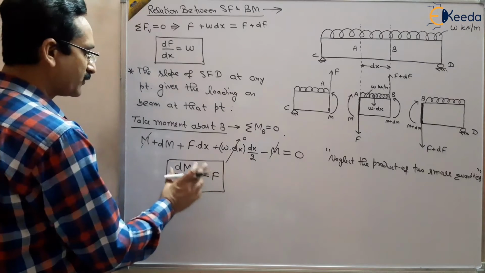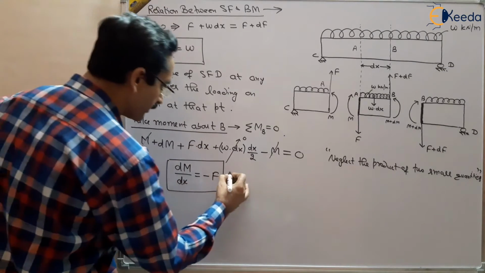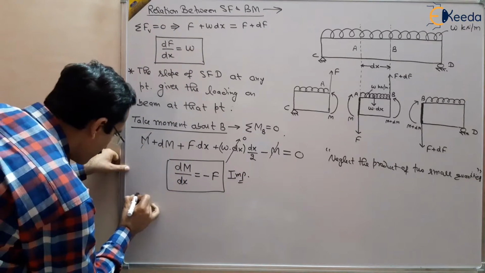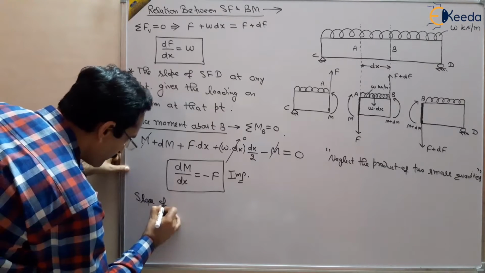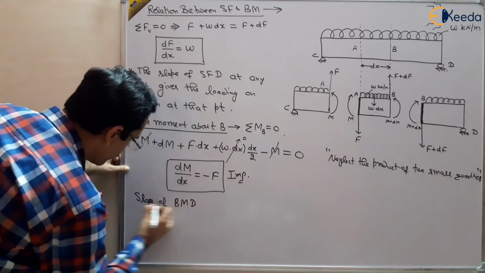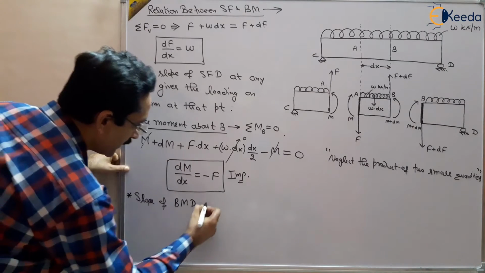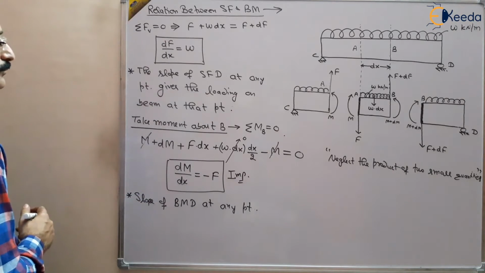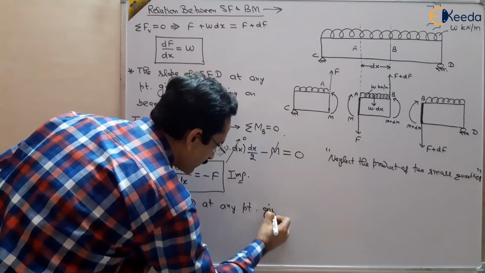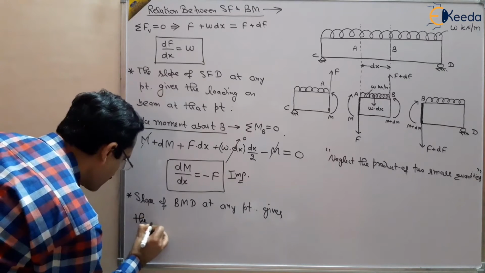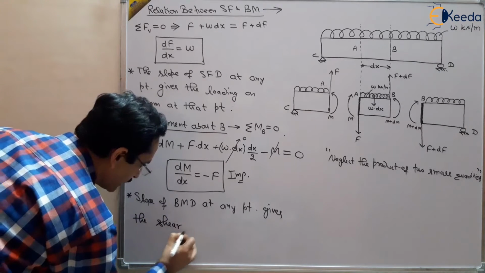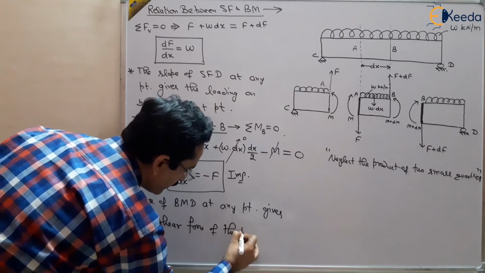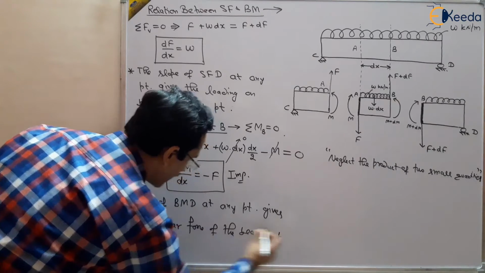So this is the relation between shear force and bending moment, which is very important, right? So the slope of the bending moment diagram at any point in the beam gives the shear force of the beam at that point.